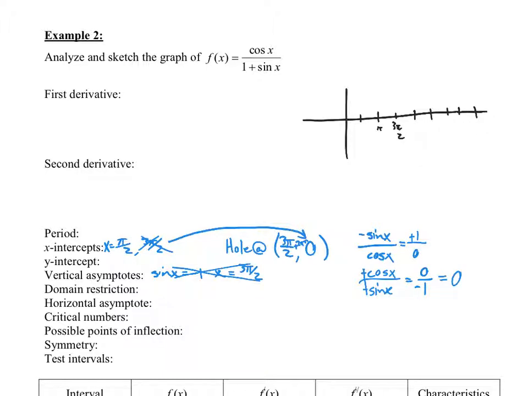So 3 pi over 2 plus another 2 pi is going to be here. So I know there's going to be holes here, and also here. That's going to be a negative pi over 2. 3 pi over 2 plus 2 pi is going to be 7 pi over 2. So I've got these holes here.